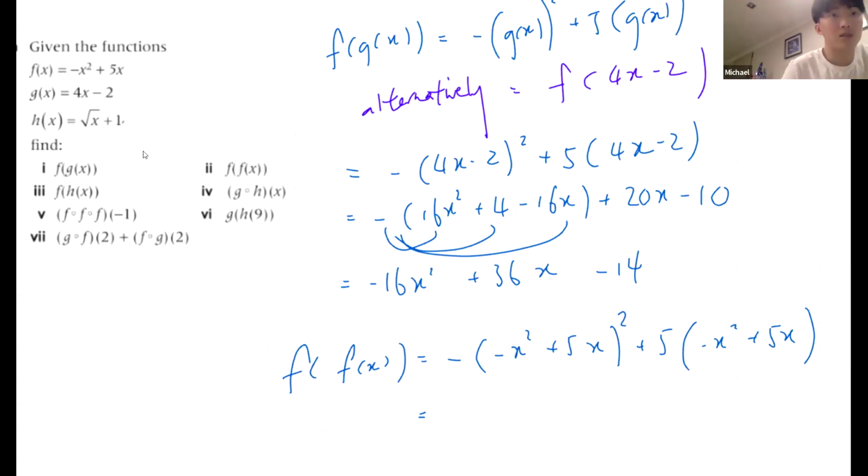Okay, Ryan got it. Not 100% sure if it's correct, but we'll see later. Okay.